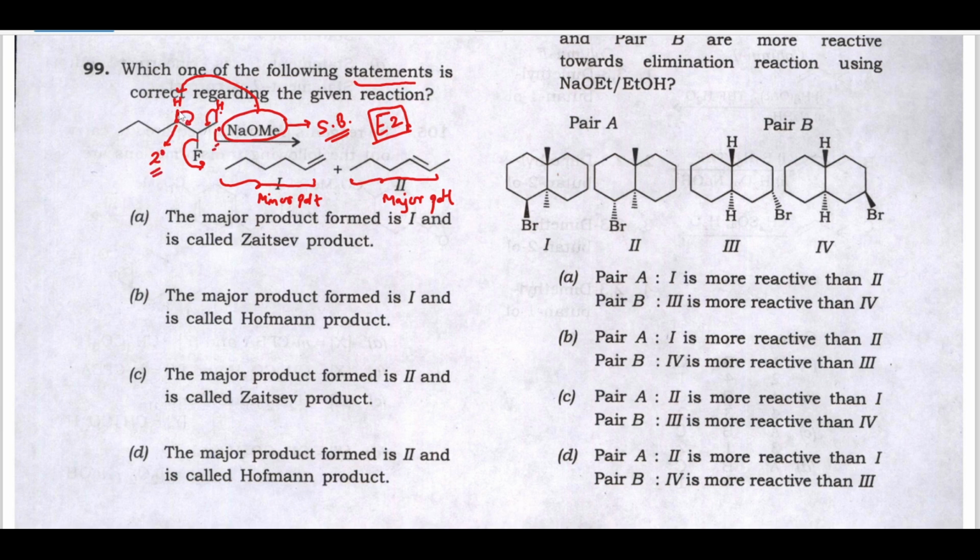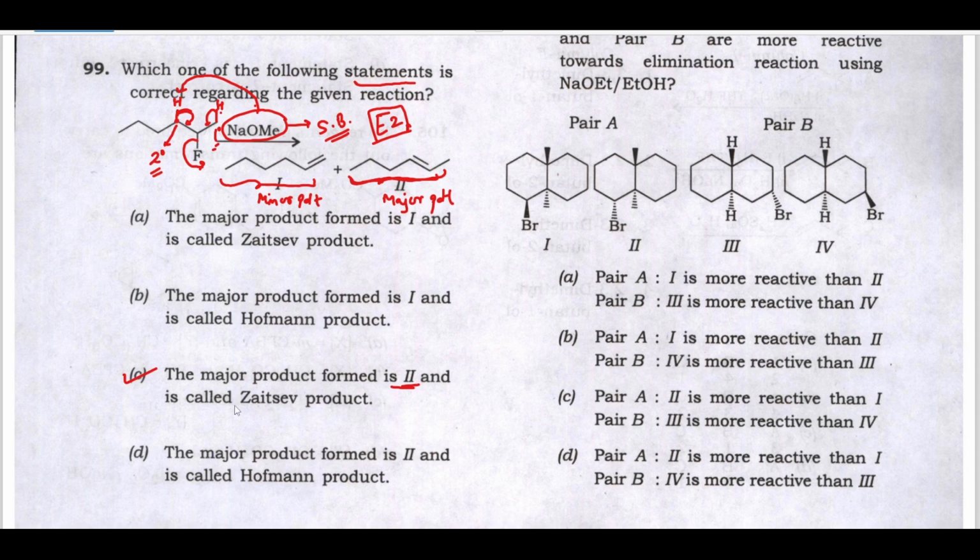If it is abstracted from here, the corresponding alkene is the major product, because this alkene is more substituted. If we consider the four options, the major product is the second, so option C is your correct answer.